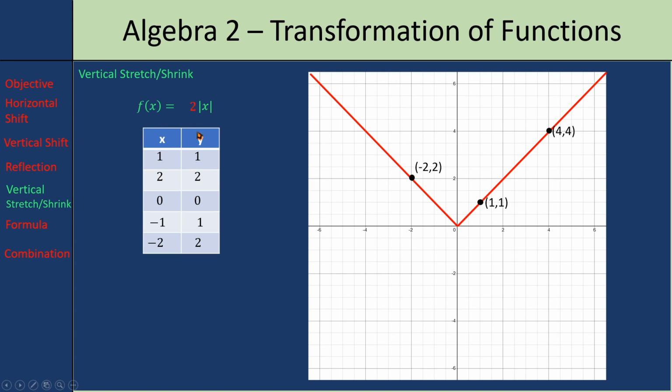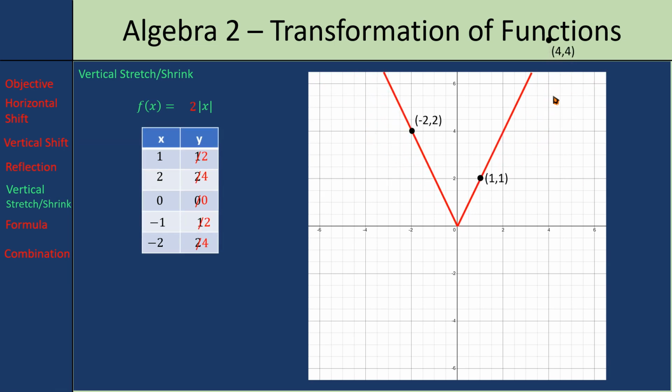You would have gotten 1 without that 2, but now that 2 multiplies it, so now you get 2 instead of 1. So that 2 multiplies your values and gives that to the y. Now all the y values are twice as big. So 2 times 0 is still 0, but 2 times 1 is 2. 2 times 2 is 4. So what does that do to the graph? All the y values get twice as big, so it goes up and up and up.